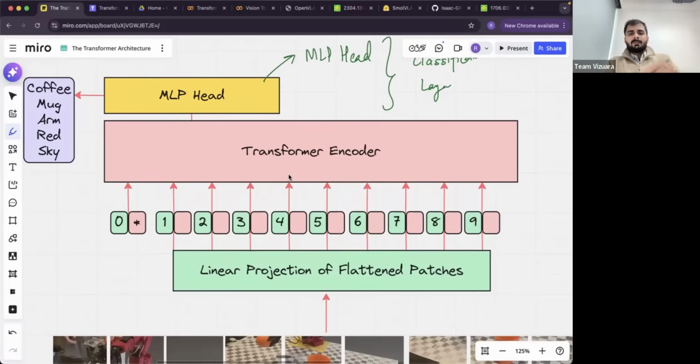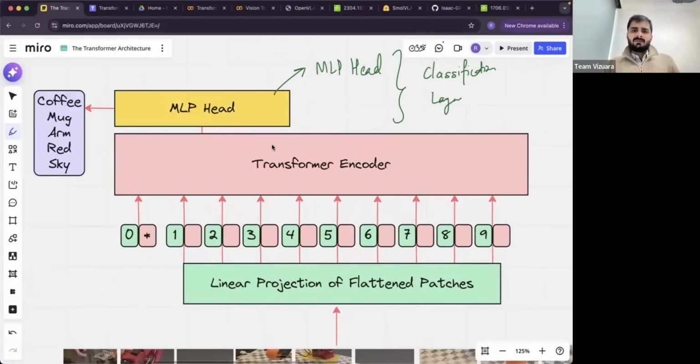Okay, so now we have this vision transformer, which is something you will see being used in the action chunking with transformers paper as well. Because if we are using a transformer and if we are using images, then we need to have a CLS token.